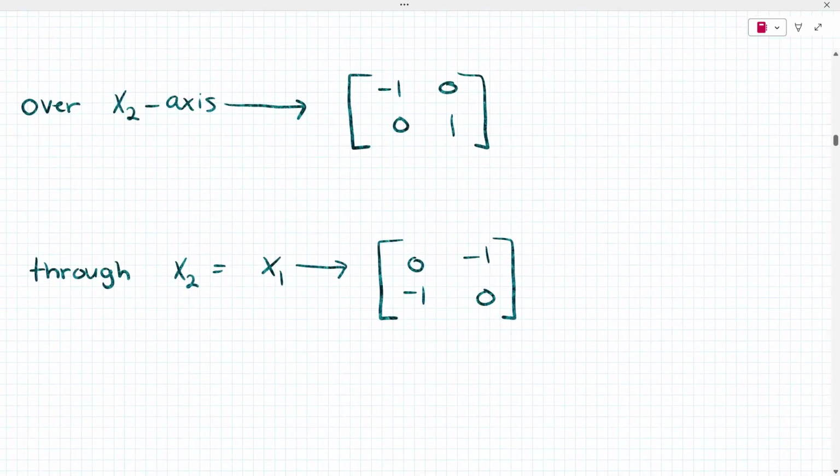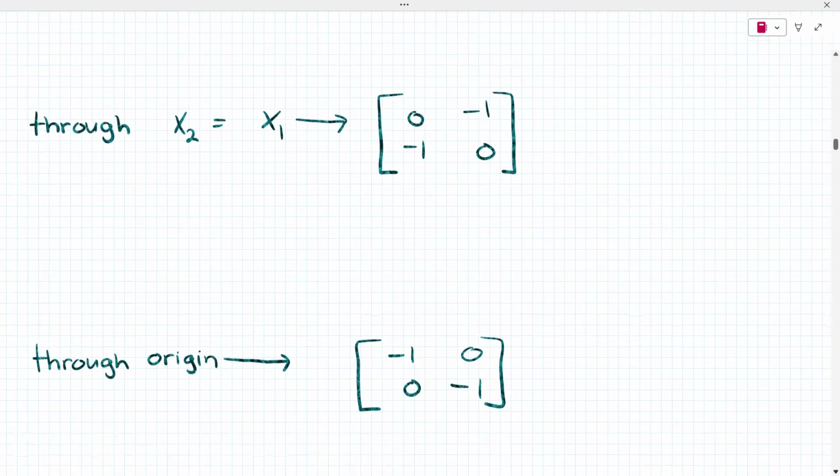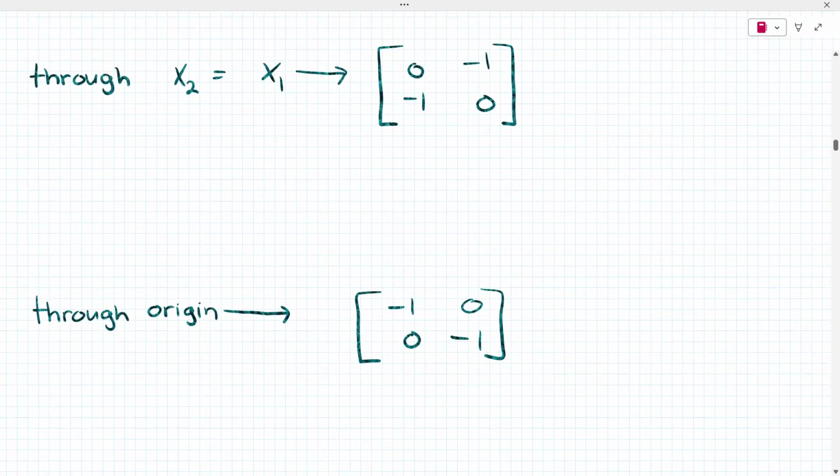Through the line x2 equals x1, it's going to be 0, 1, 1, 0. Through the origin, you set it up like this: the diagonals are 0, and then this is negative 1, and this is negative 1.